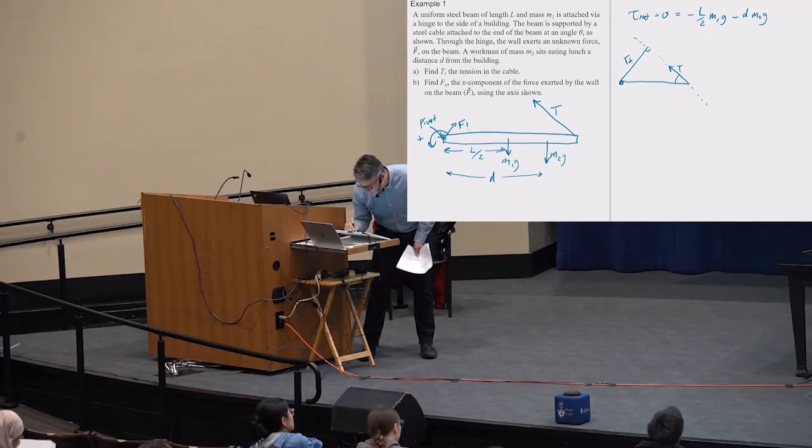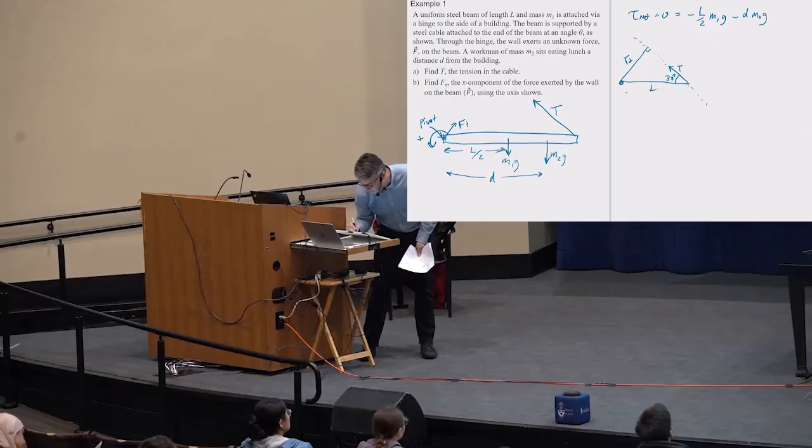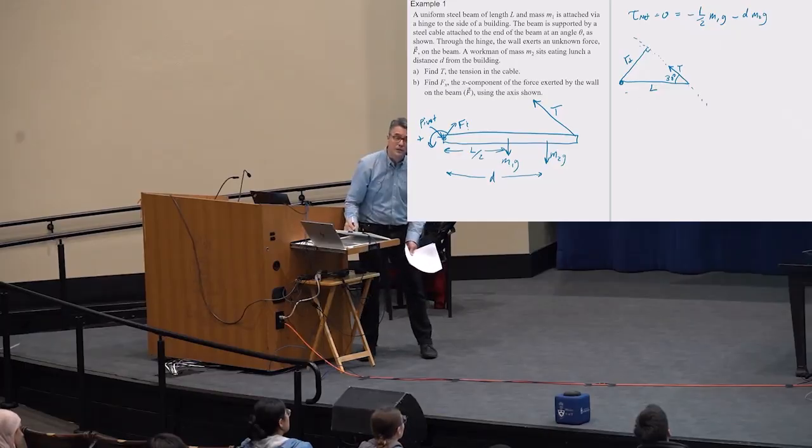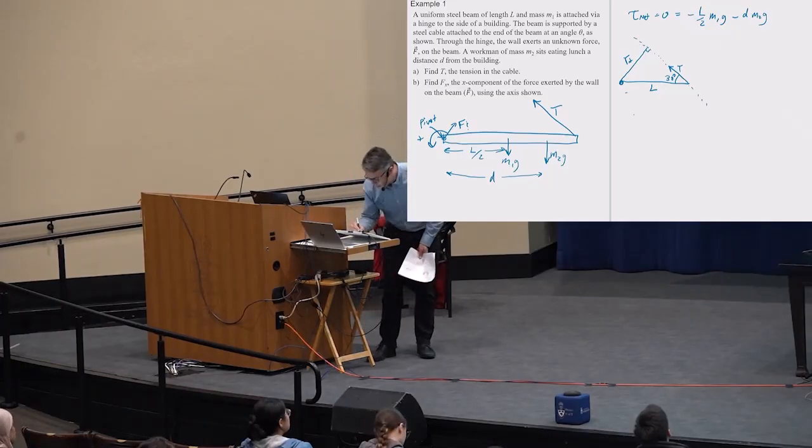So, and then here's your 30 degrees. And what else do we know here? We know the distance L from the pivot to where the tension is applied. So this is an actual triangle where L is now the hypotenuse because it's opposite this right angle. So I'd say that sine of 30 degrees is equal to this R perpendicular lever arm divided by L. And so this lever arm is equal to L times sine 30.